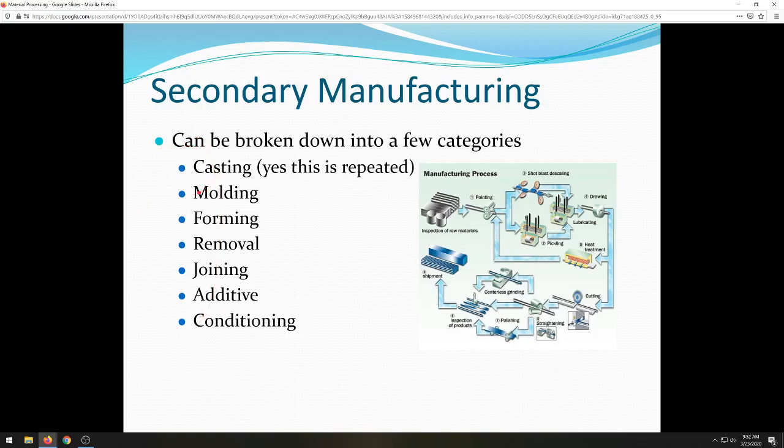Some people put casting and molding into the same category, and some people put additive up in here too. Conditioning gets left off a lot, but I do think that's important, especially because we do focus on metal and steel processing in particular in our lab. So I think talking about conditioning is important.